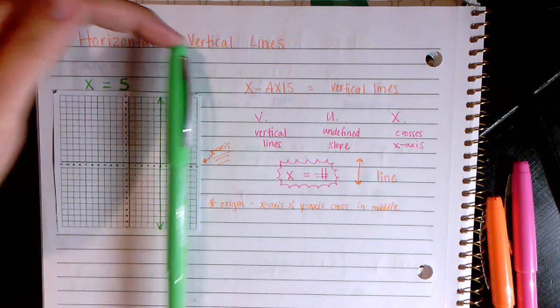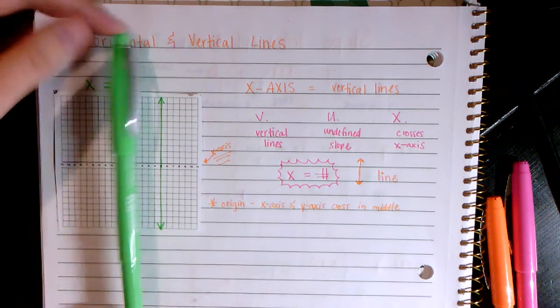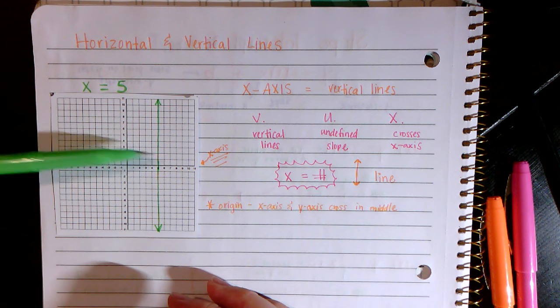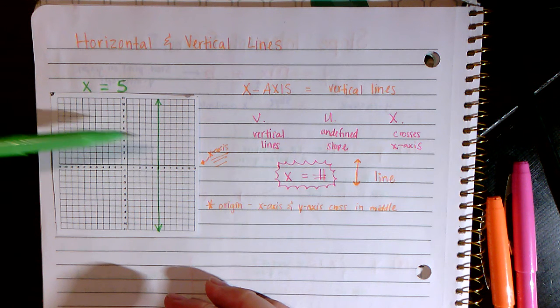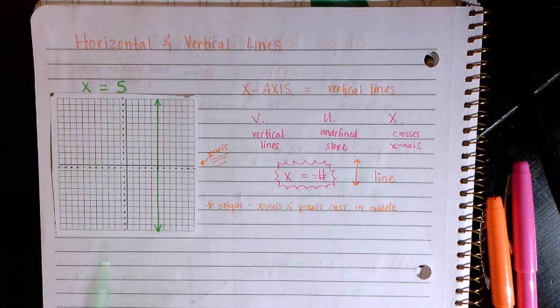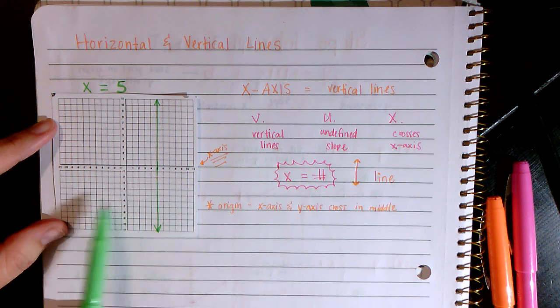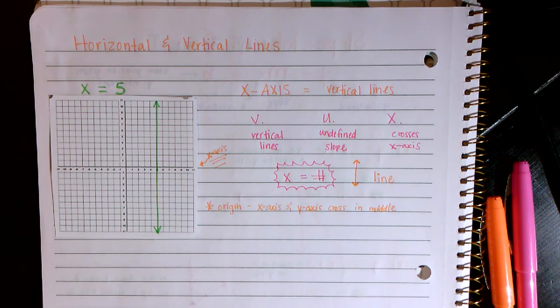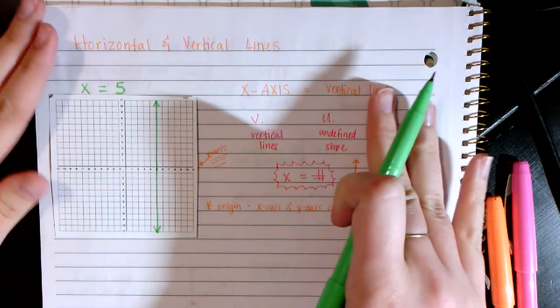So in just a second, when we're looking at our y-axis, even though the y-axis runs up and down, all of the values on the y-axis are tick marks that go horizontally, that keep going higher and higher, or lower and lower. But all of these horizontal lines cut through the y-axis, and those are y values. So don't get confused because the axis runs differently than the actual numbers. So vertical lines are how you graph x values.